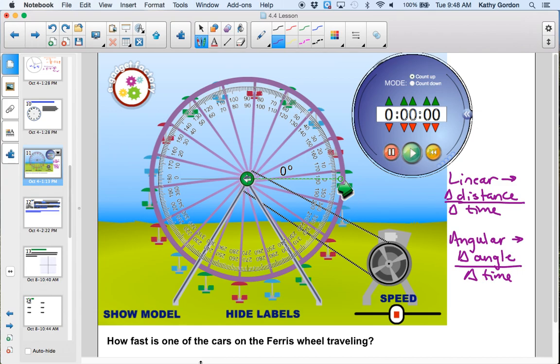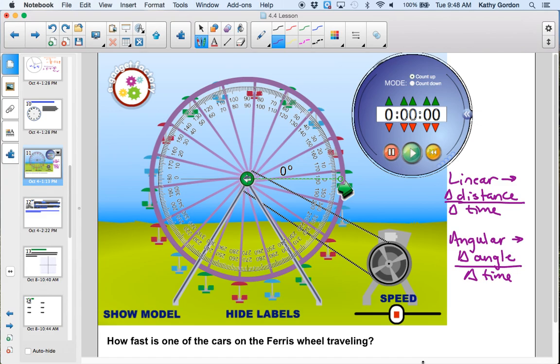I'm going to set the clock to start counting, and then I'm going to set the Ferris wheel to start rotating. Within your groups, at your table of 3 or 4, I want someone to watch the Ferris wheel, pick one of these cars, and when it hits 0, say go. And someone else in your group needs to be watching the clock.